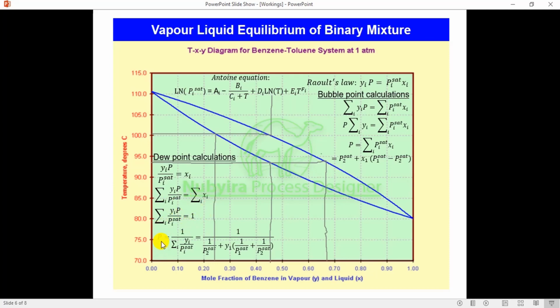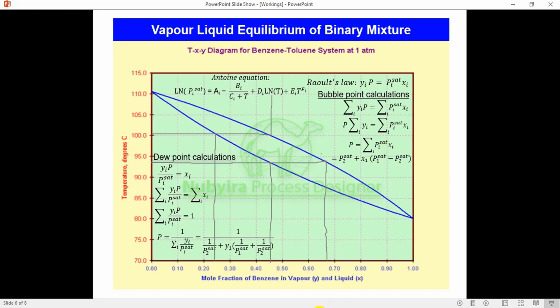Then from here you can see that P will be equal to, dividing both sides by P, then finding the inverse of both sides, or dividing both sides by the summation of yi / Pi sat. So then you have this. When I did it for the binary mixture, just to simplify the process, you have this equation for the binary mixture. So this is the equation for the dew point, and this is the equation for the bubble point, you understand.